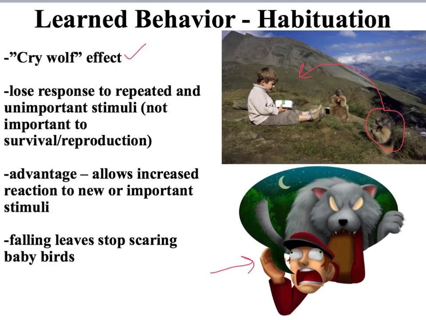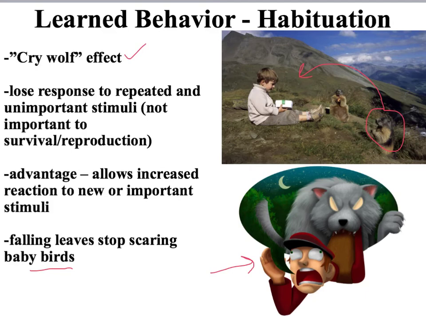So let's think about a situation in nature and how it would be helpful. Let's use the example of falling leaves and baby birds. Now you can imagine that rustling leaves or falling leaves in a certain pattern would happen all the time for a baby bird. And if it reacted startled every single time it heard that, it would be a waste of time and a waste of energy, and it might distract the bird from relevant stimuli. So, what's the proximate cause of this?